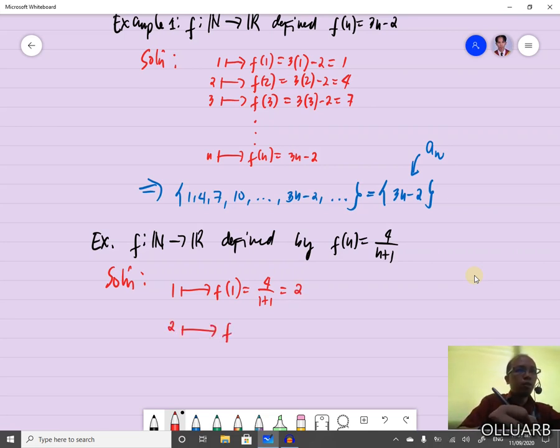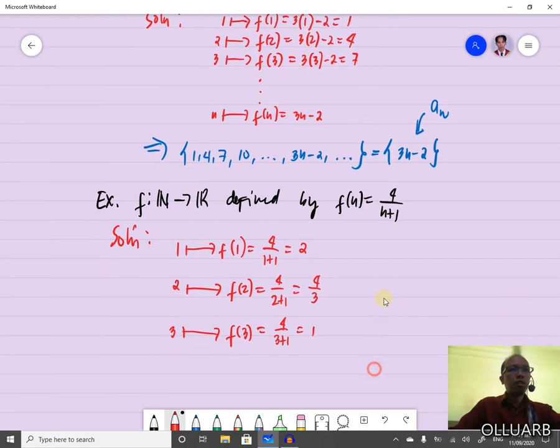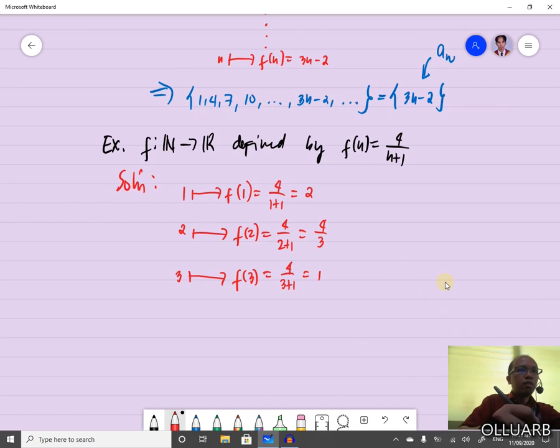For n is equal to 2, we have f of 2, 4 over 2 plus 1, which is 4 over 3. So when n is equal to 3, f of 3 is 4 over 3 plus 1, which is 1. Okay, and so on and so forth up to n, which is f of n equals 4 over n plus 1.